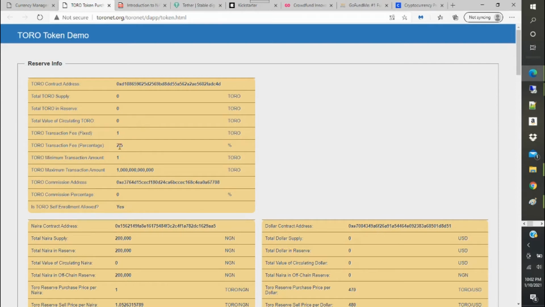It doesn't mean it's going to be necessarily this high, and the fee system is such that this is maximum or off. So if 2 Toros are transferred, the fee will be 1 Toro. But again, these are just for this illustration. The node operators will meet and set what all of these parameters will be.